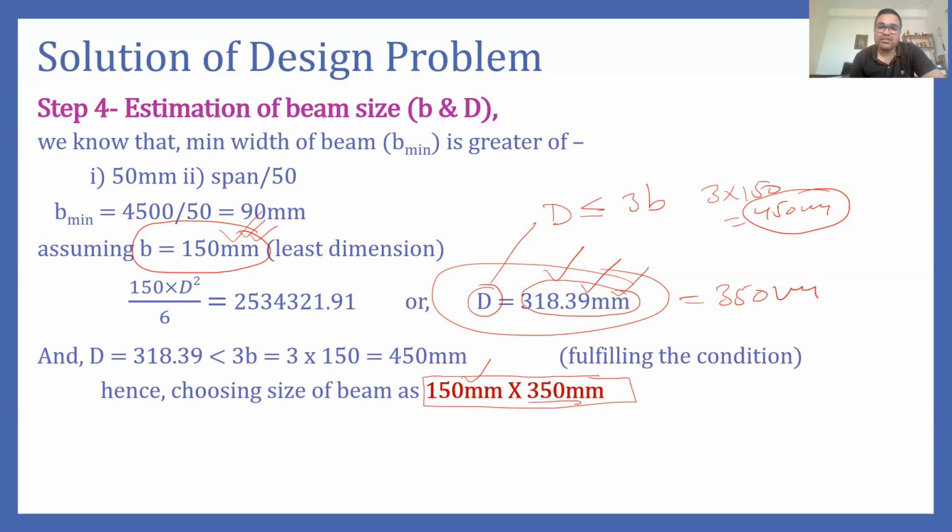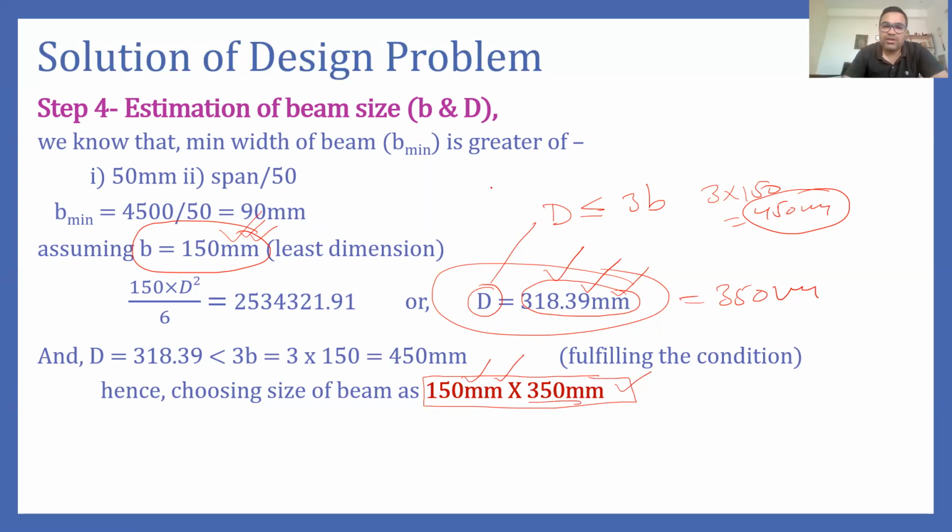But whether this size of beam is suitable, whether it can sustain the bending stress, deflection, shearing stress or bearing stress effects, that we have to check. Now we have the dimensions of the beam, and we will calculate the actual bending stress.